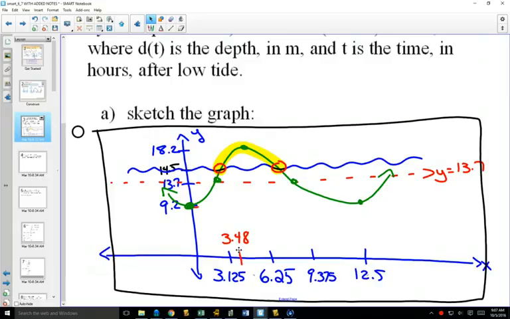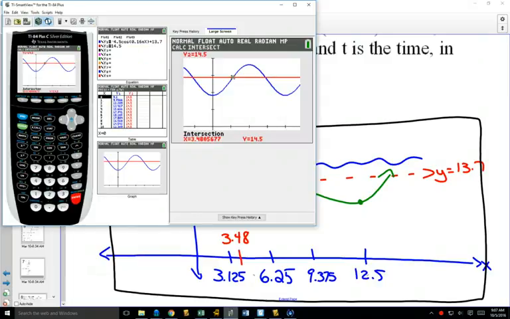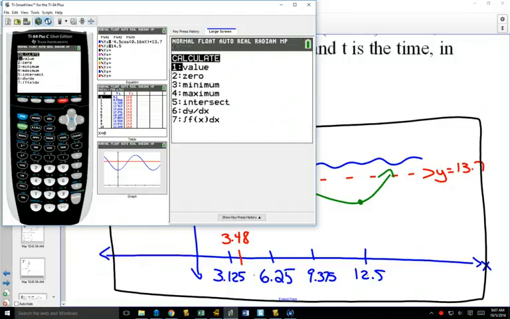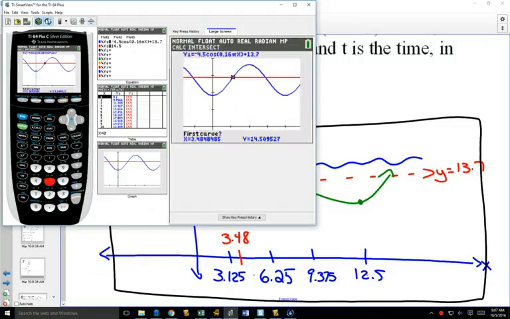If we want to calculate our second one, we go through those same steps. Second, calculate, number 5, intersect. But I'm not going to push enter 3 times, because now my cursor is on the one that I already found, so I have to use my arrow keys. This is time consuming, especially on this one.